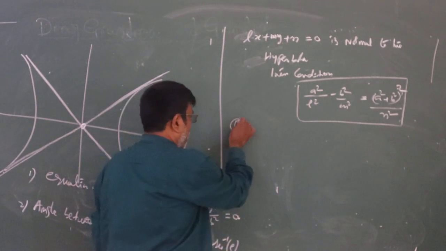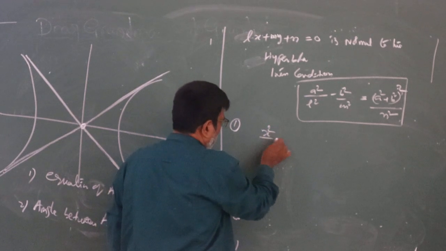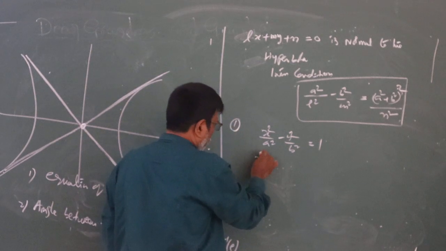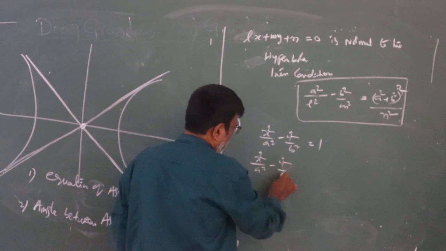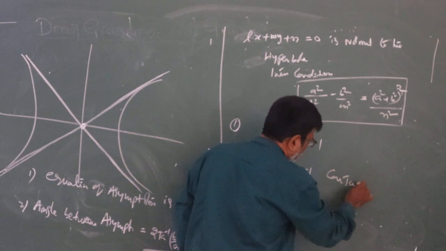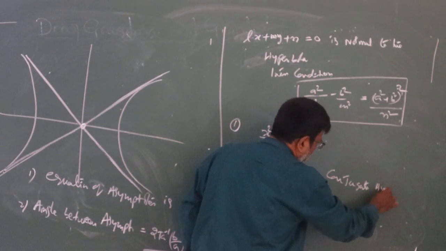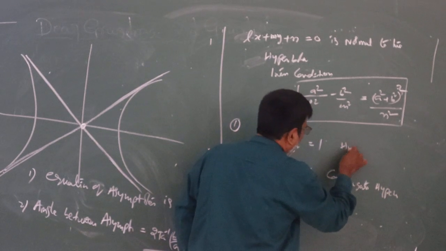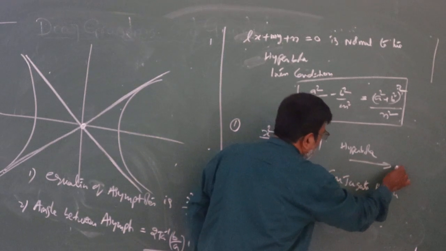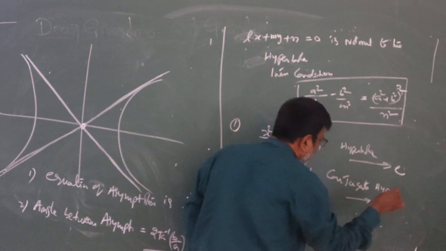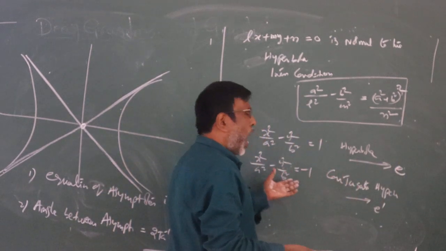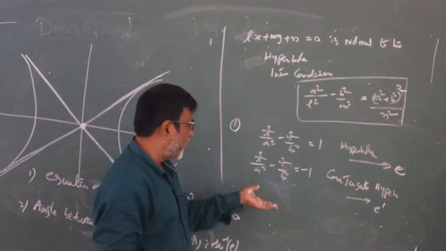Suppose x square by a square minus y square by b square equal to 1 is the hyperbola. X square by a square minus y square by b square equal to minus 1 is called the conjugate hyperbola. This hyperbola's eccentricity is e, and the conjugate hyperbola's eccentricity is e dash.